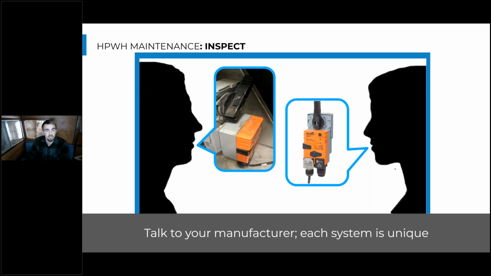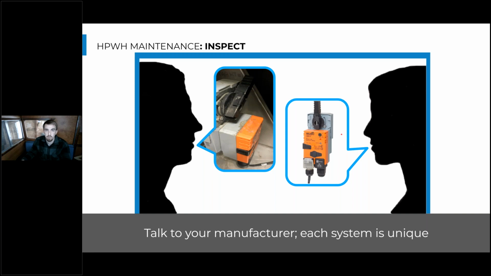The other thing that a lot of heat pump water heaters have that is unique to them is this metering valve that will throttle the amount of water that flows through the heat pump to allow it enough time in the heat exchanger to rise up to a specific temperature.